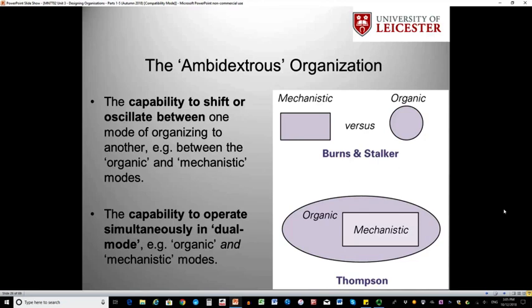They're operating both modes at the same time. But it could also relate to companies that shift from one mode to another over time. Now, why might organisations shift over time? And I'll talk about that in a second.